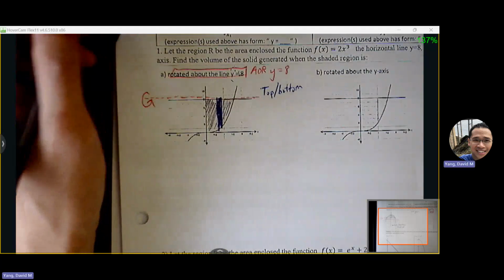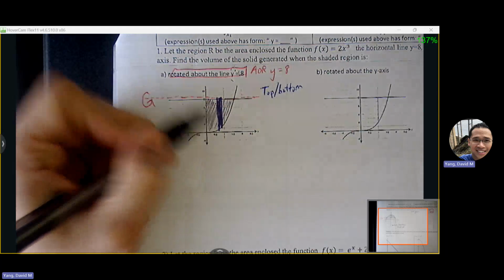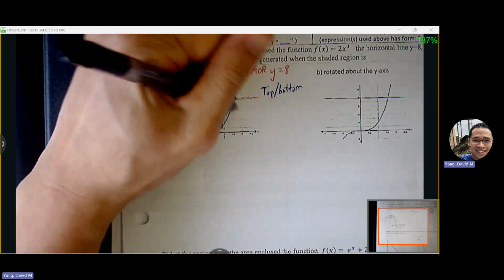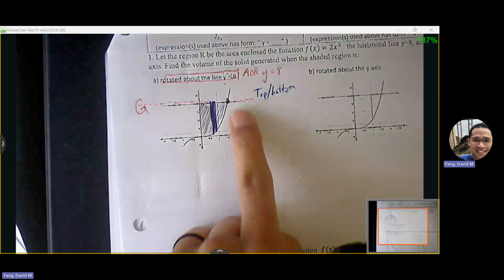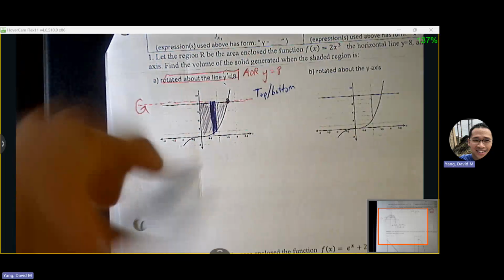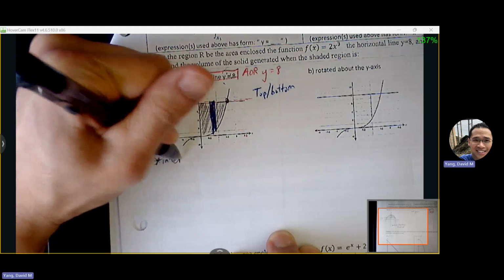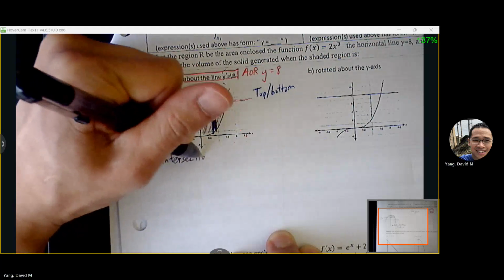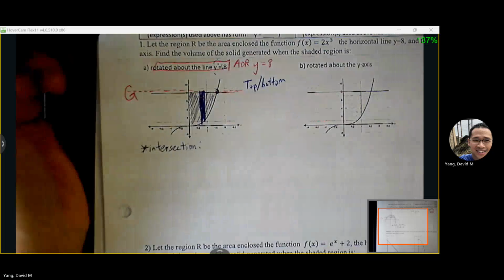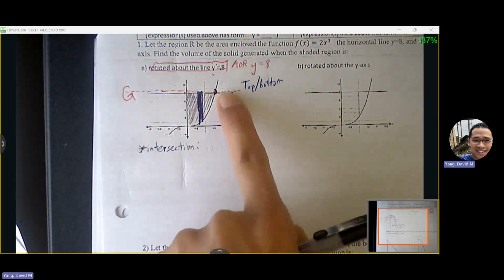Let's go ahead and find the boundaries here, because the bounds is as far left as 0 and as far right as this intersection. So we do need to find this intersection so that we can figure out what that right boundary of the shaded region is. So go ahead and set up your intersection equation. This is the intersection of the cubic function and y equals 8.